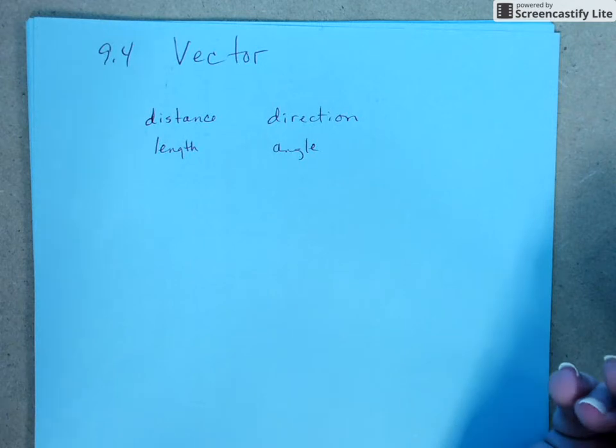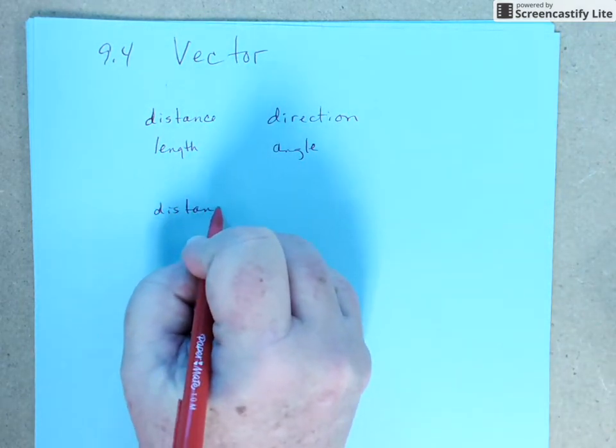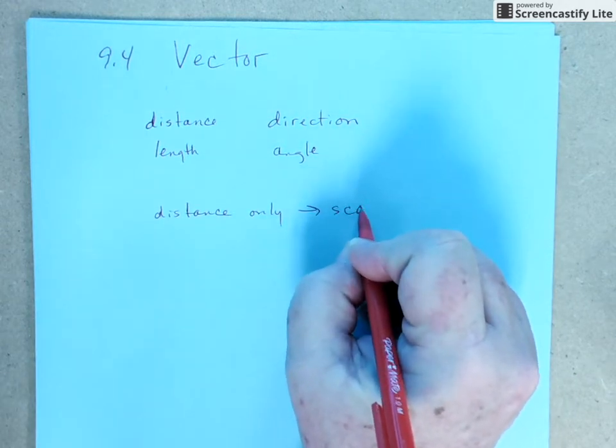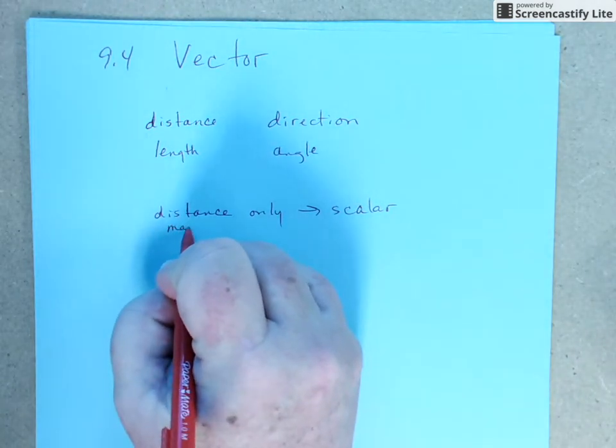Now, when you have distance only, we call that a scalar. Or it might only have a magnitude.